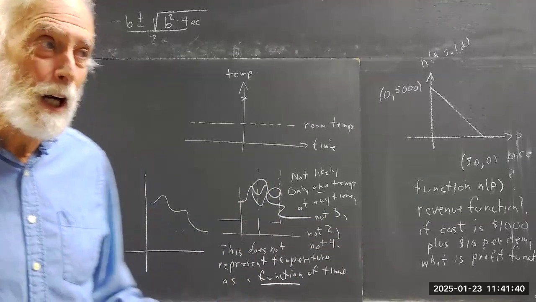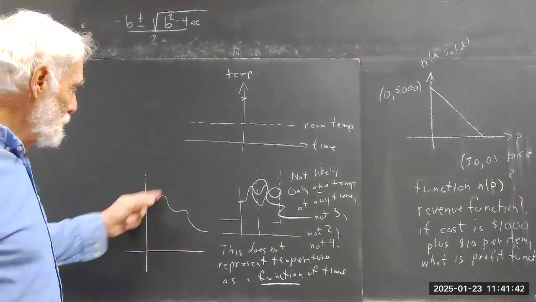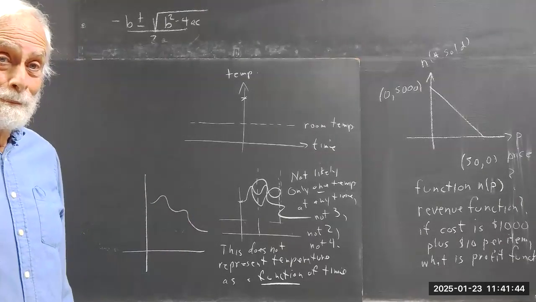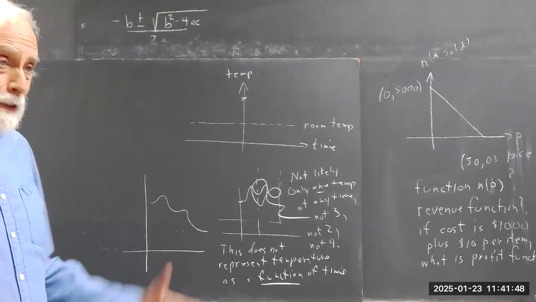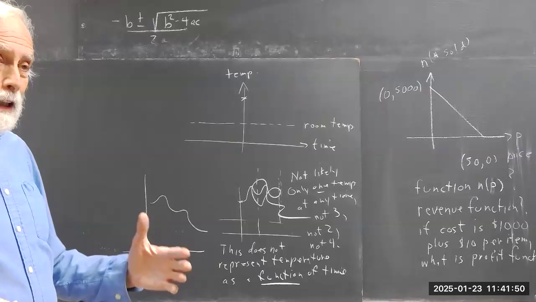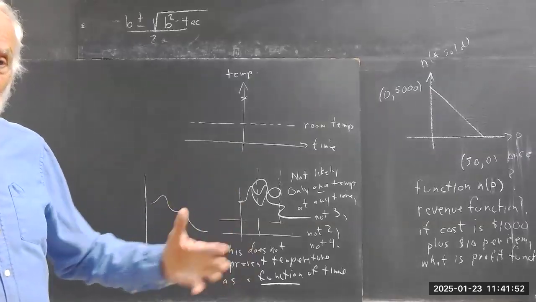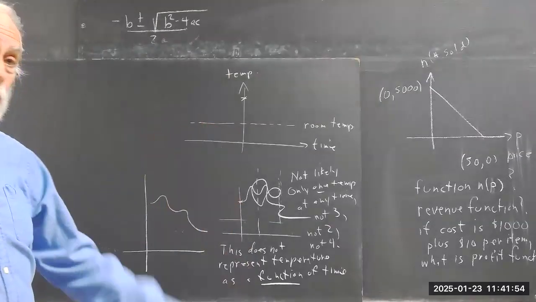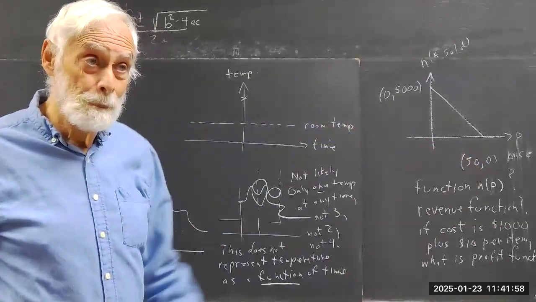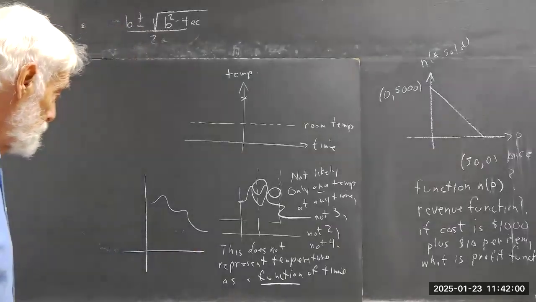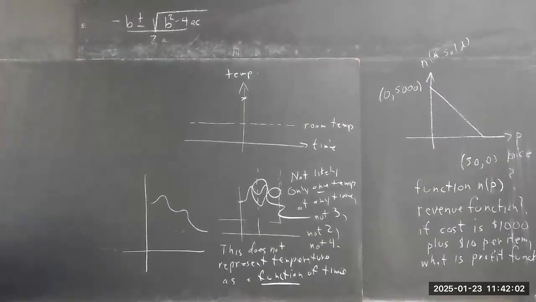Your room would probably have to be hotter than your oven for the thing to go up like this, right? Hotter than the initial oven temperature. And that's not going to happen. The turkey's not going to get hotter than what it's surrounded by. It's not going to get colder than what it's surrounded by either. But we're assuming a constant room temperature. So that's not likely.